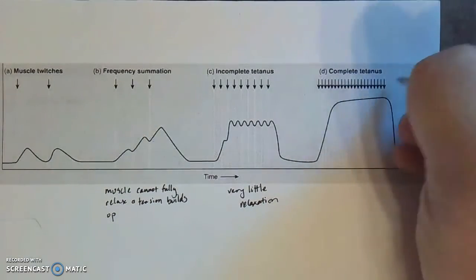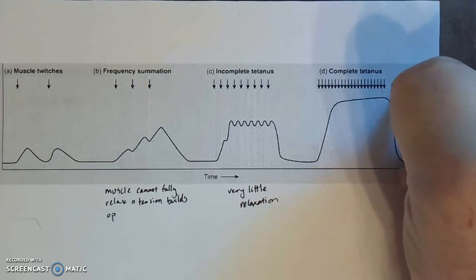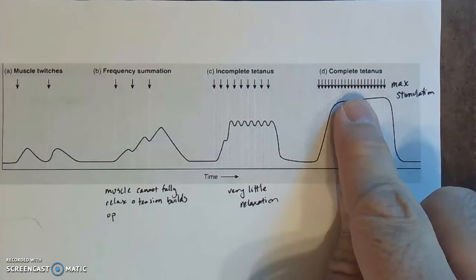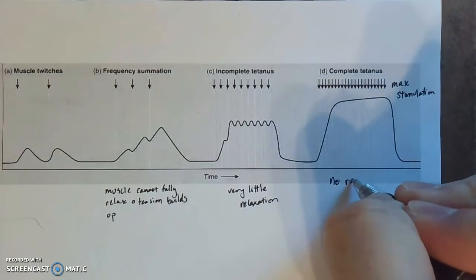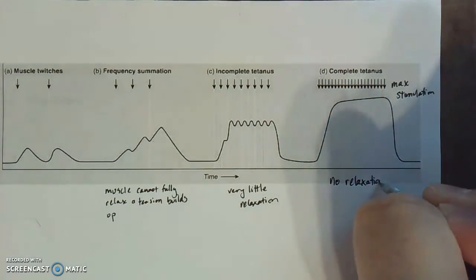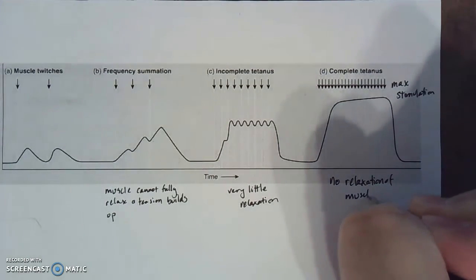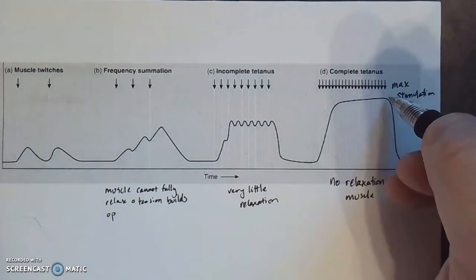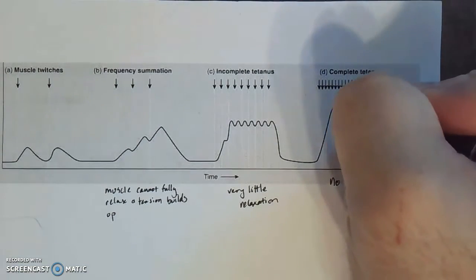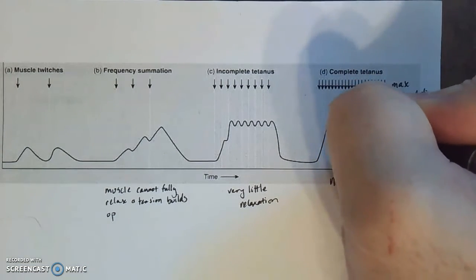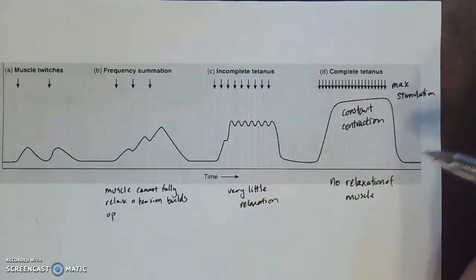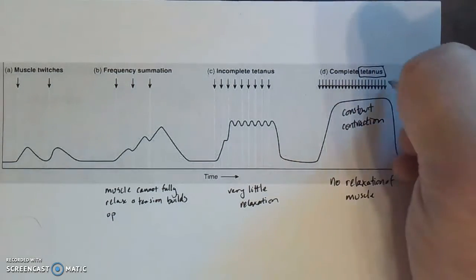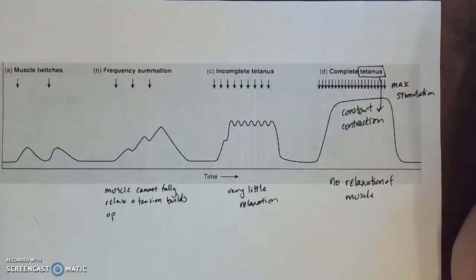Here we are getting maximum stimulation. So this is as fast as the action potentials can occur. There is no relaxation of the muscle. So we end up with a constant contraction due to maximum stimulation. So this word tetanus means constant contraction.